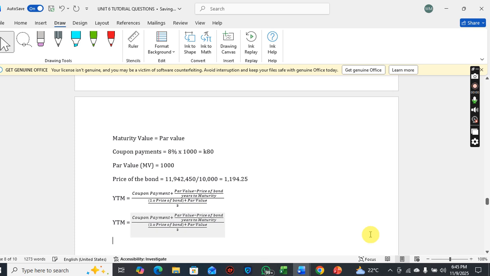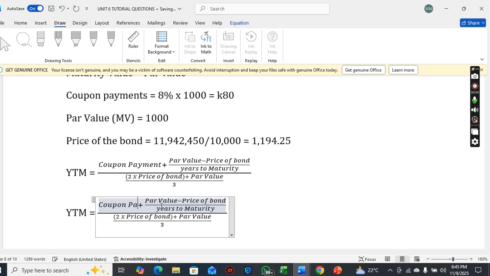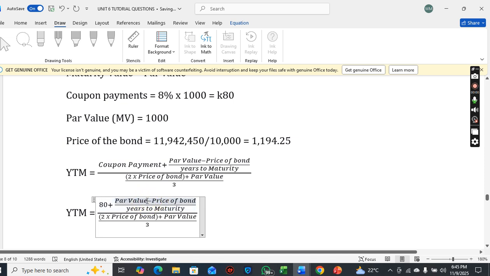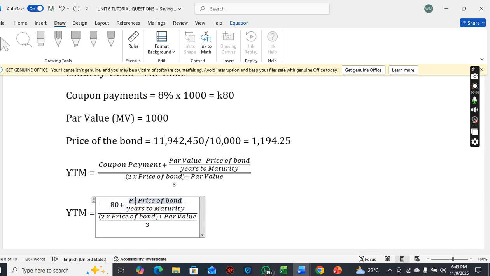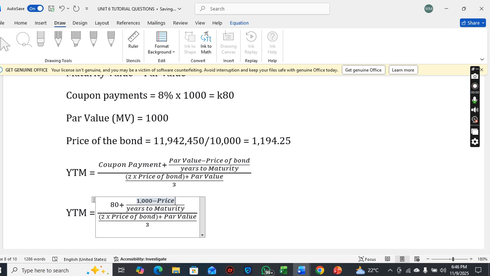So we can put in the formula. Coupon payment 80 kwacha. Par value 1,000. Price of the bond 1,194.25. Years to maturity.